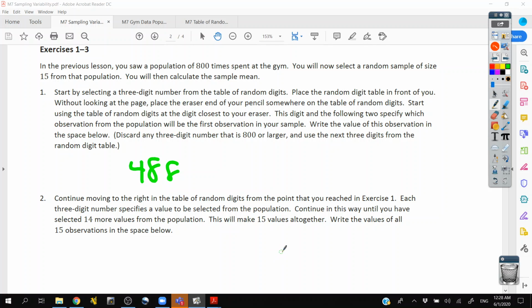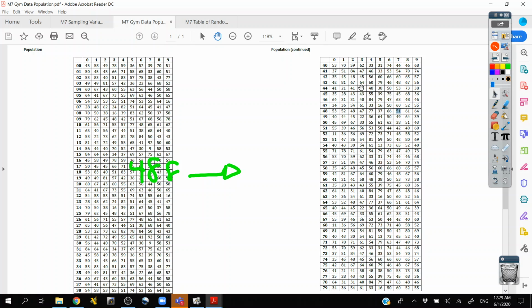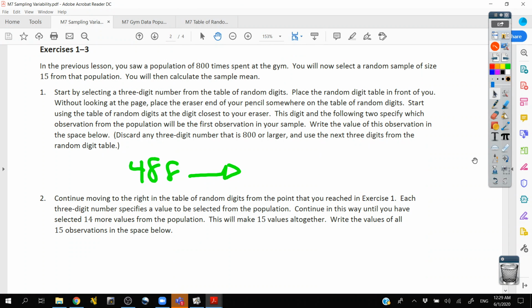Then the value of the first observation in your sample. So number 488 gave us data value 51.